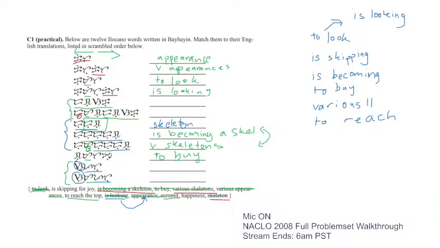Which is why I feel like this is skeleton, right? And this is skeleton again, and then that could be various. This is skeleton again. But these two have the same. This is skeleton, and then this is becoming a skeleton.